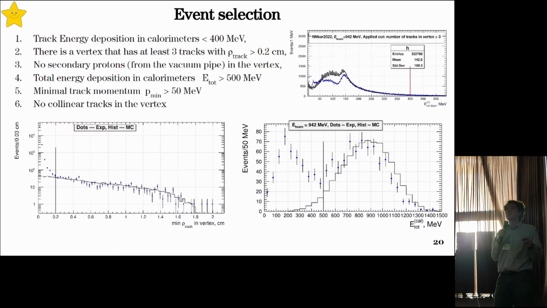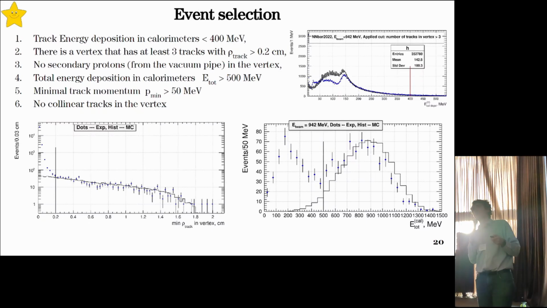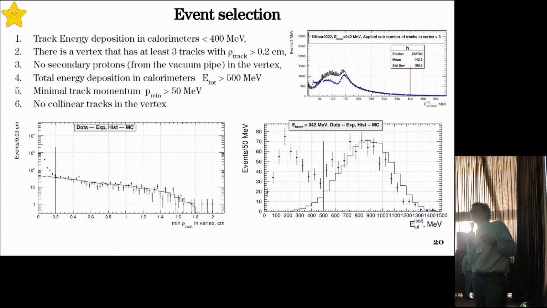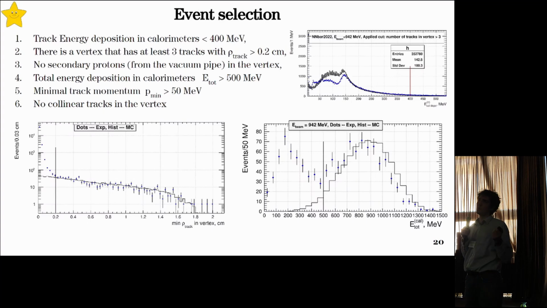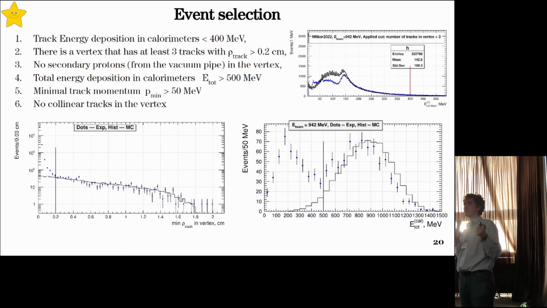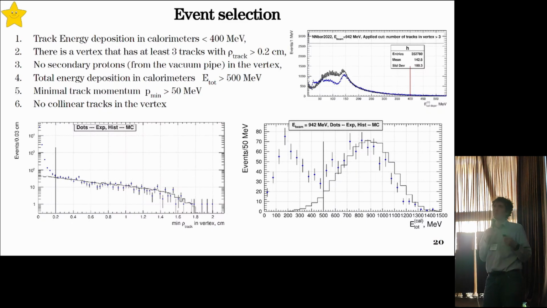And total energy deposition in calorimeters must be relatively big because antiproton annihilates, so we expect to see at least a couple hundred MeVs. And minimal track momenta are bigger than 50 MeVs. It was imposed just to improve resolution and to bring some consistency between Monte Carlo and experiment.